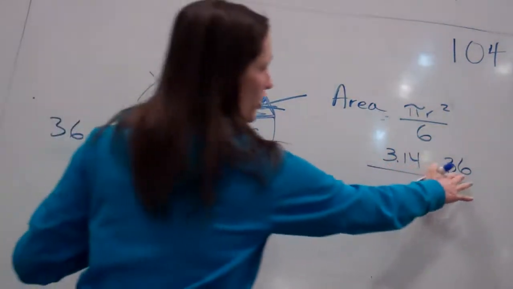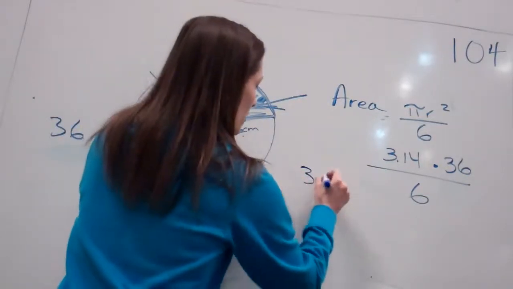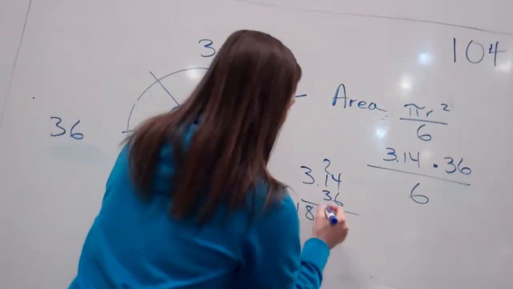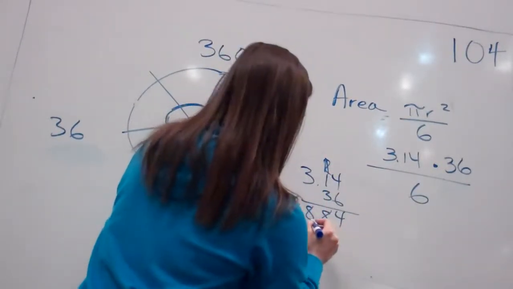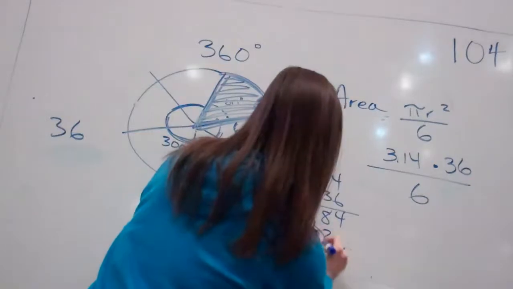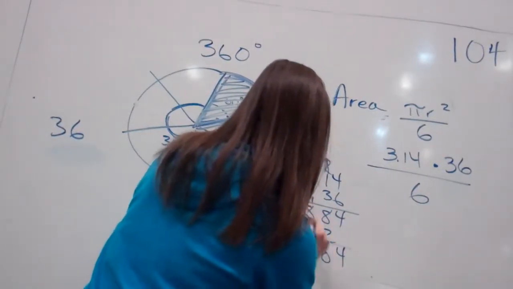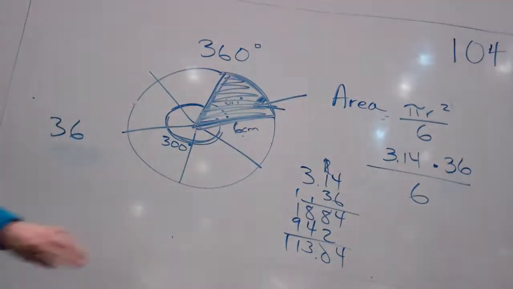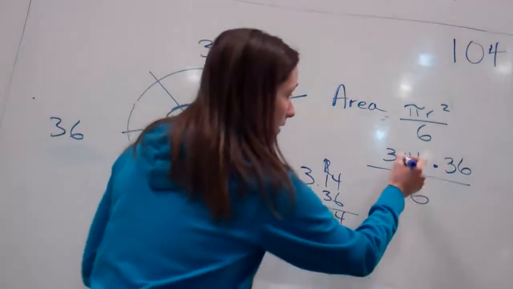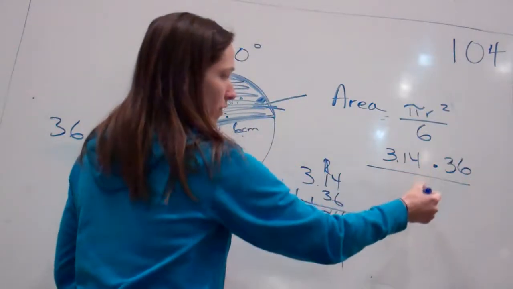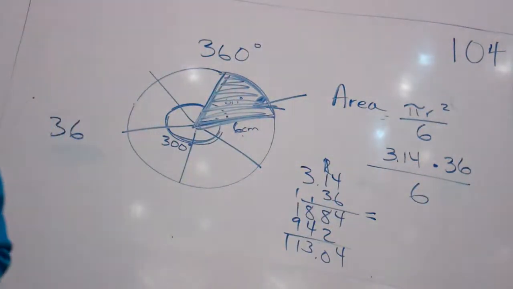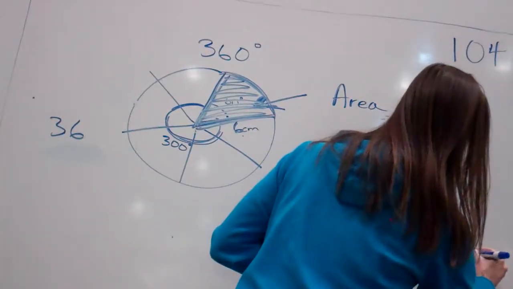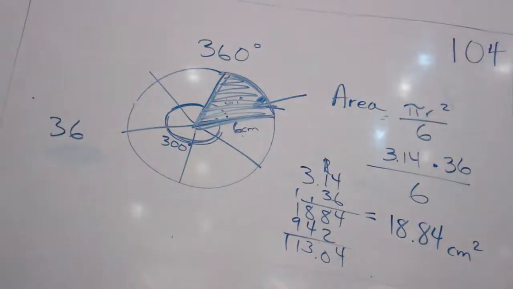Okay, so if I do 36 times 3.14, I end up getting 113.04, and then when I divide that 113.04 by 6, I end up getting 18.84, and it's in centimeters squared because we're working with area.